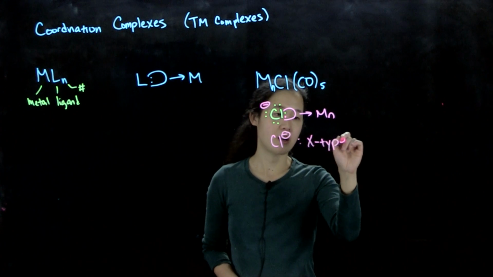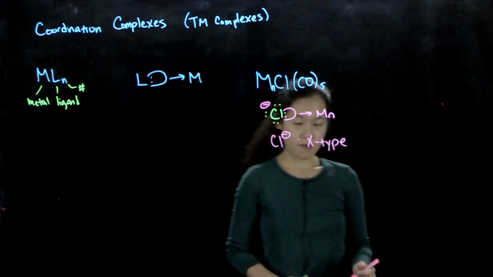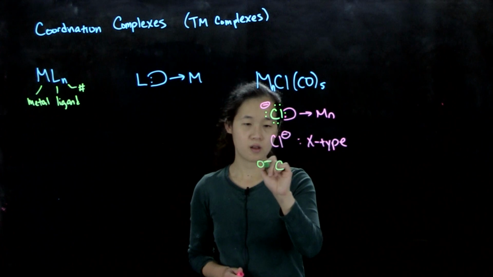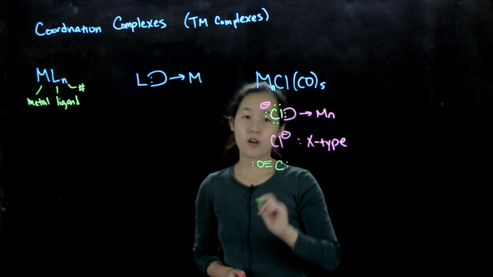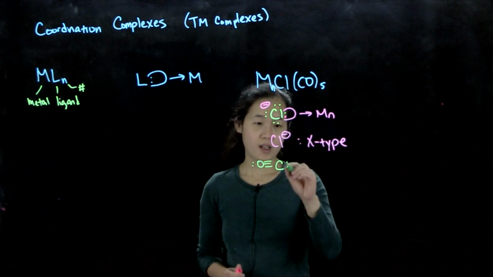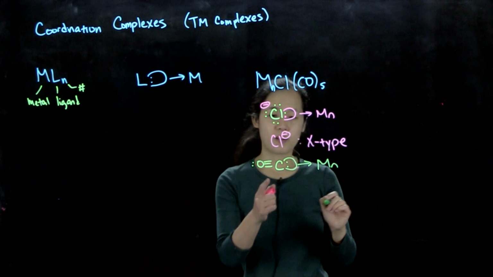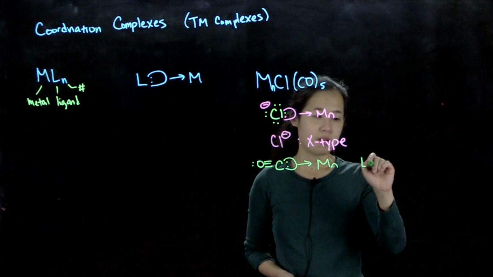So it's negatively charged. In comparison, if we want to think about CO, here's CO. CO already has a lone pair, so it can, without changing charge, act as a Lewis base. Therefore, this is what's called an L-type neutral donor.